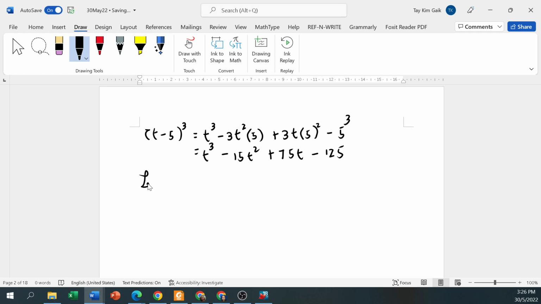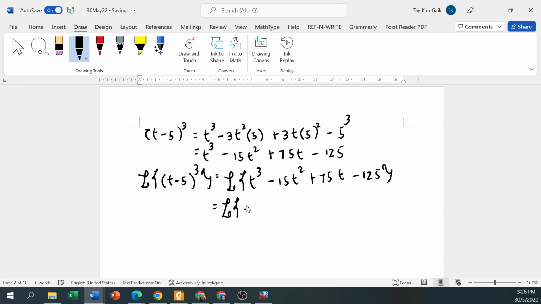Then the Laplace transform for t minus 5 cube will be the Laplace transform for t cube minus 15t squared plus 75t, and then minus 125.